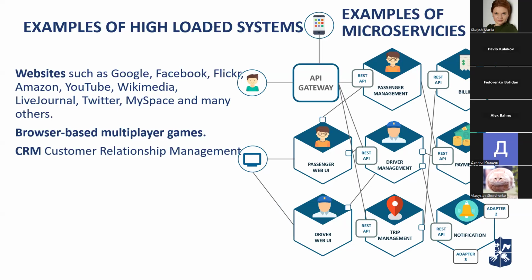Actually, each huge online system is a high-loaded system, because if it works all over the world, for sure it has to process lots of requests. Browser-based multiplayer games, CRM, customer relationship management. Actually, we will look at a CRM system for a computer game.